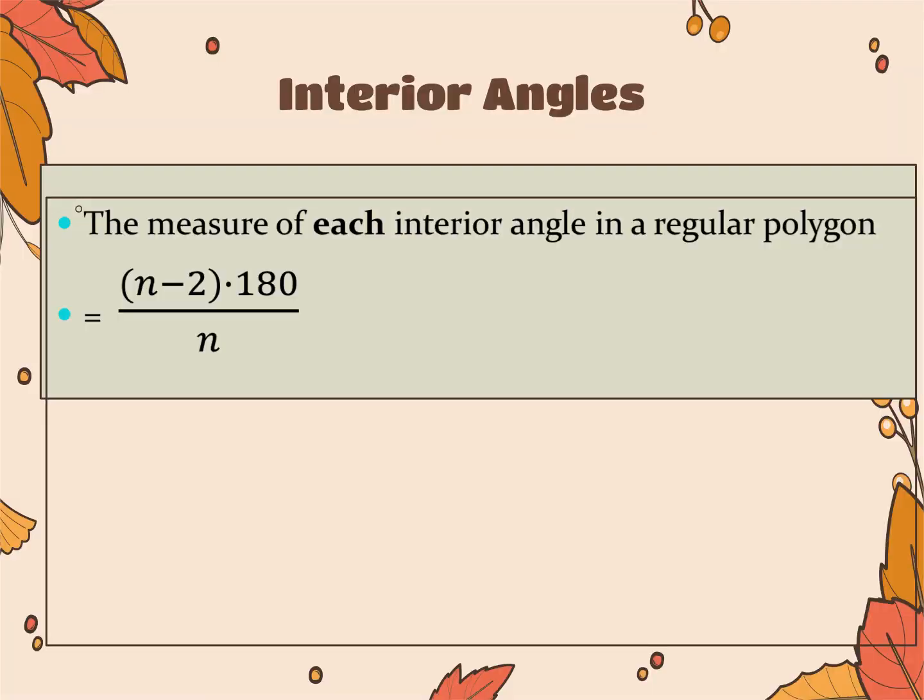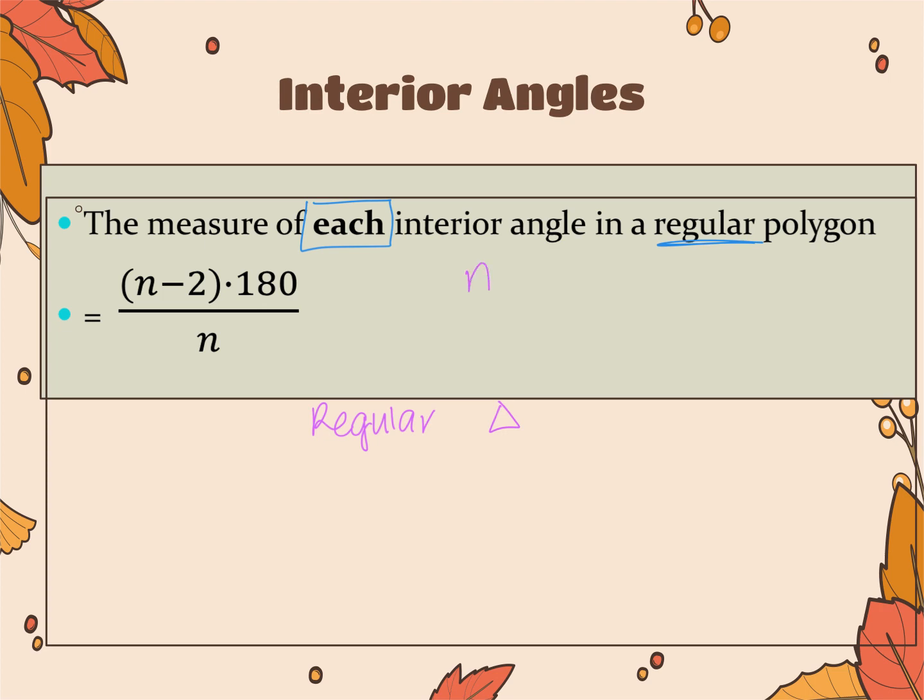Alright, the measure of each interior angle in a regular polygon. This is for you to find the measure of each interior angle for a regular polygon. Remember, a regular polygon is equiangular and equilateral. So it's going to be the same measure for every single interior angle. Just giving an example, we're going to use our regular triangle.